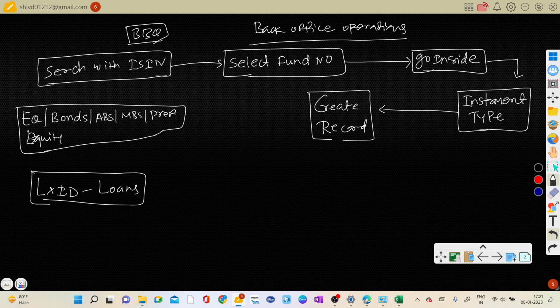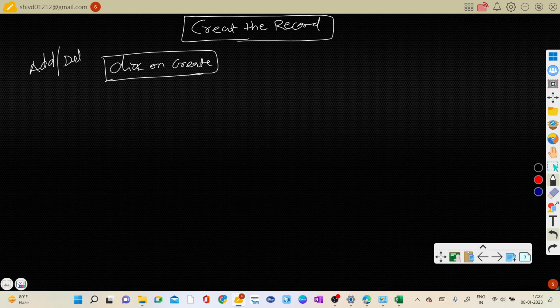So how can you create the record? What data do you require? Creating the record means you will see a screen, which we'll discuss next. Once you have the data you require, click on create, or it can be an add button as well: add trade, add and delete, or cancel.